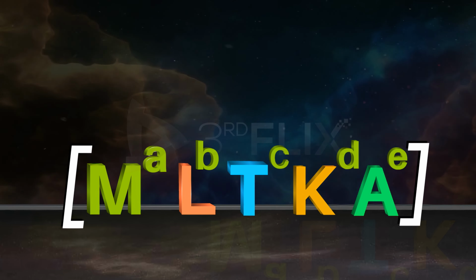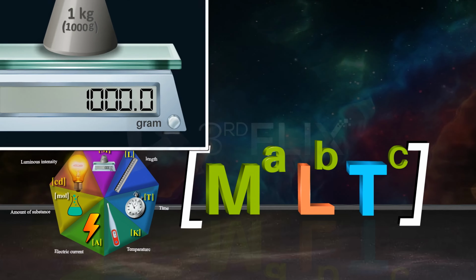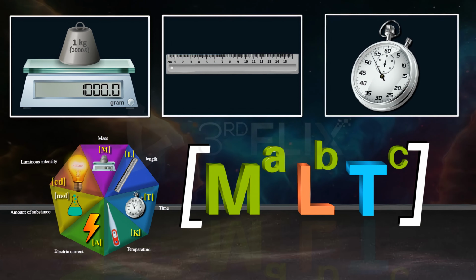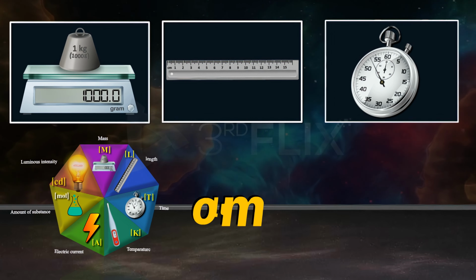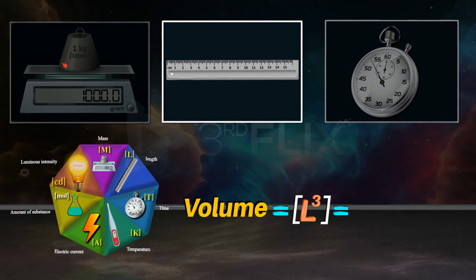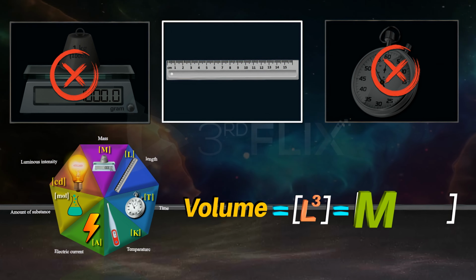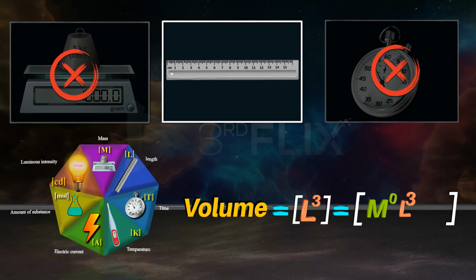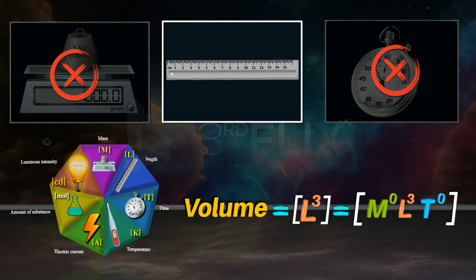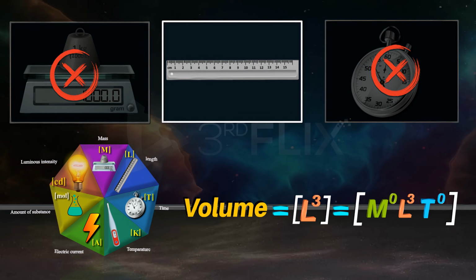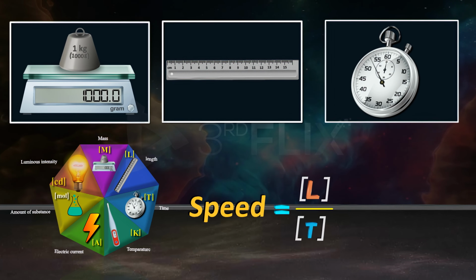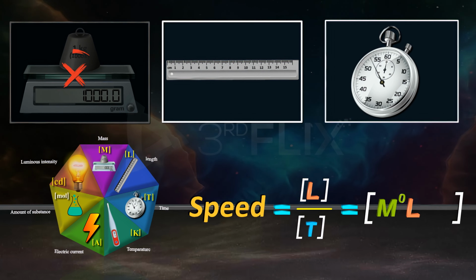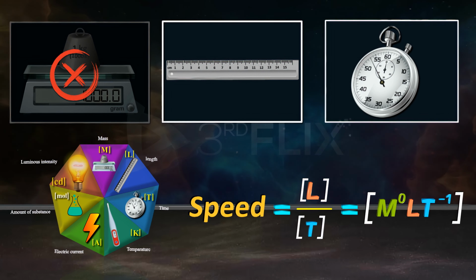In mechanics, most of the dimensions are expressed in terms of mass, length, and time. As volume has 0 dimensions of mass and time, we can rewrite it as M power 0 L cube T power 0. Similarly, speed can be rewritten as M power 0 L T power minus 1.